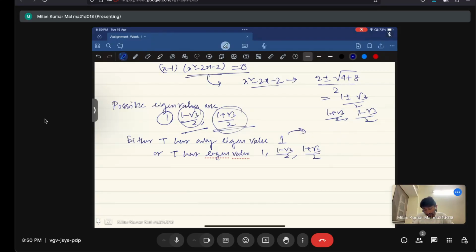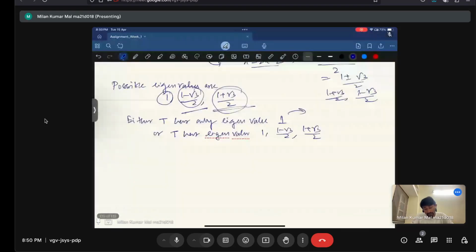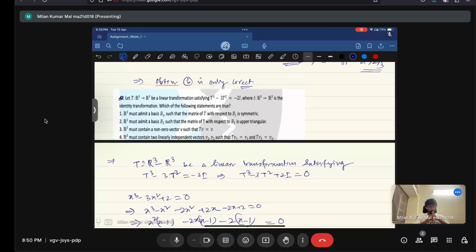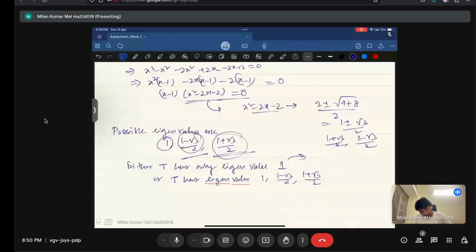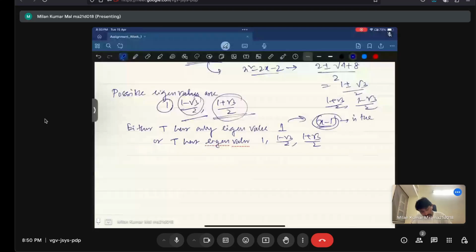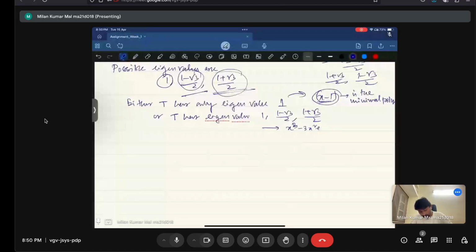Okay. So what are the options here? If one is the only eigenvalue, then x minus 1 is the corresponding minimal polynomial, and in this situation x cube minus 3x square plus 2 is both the minimal and characteristic polynomial.